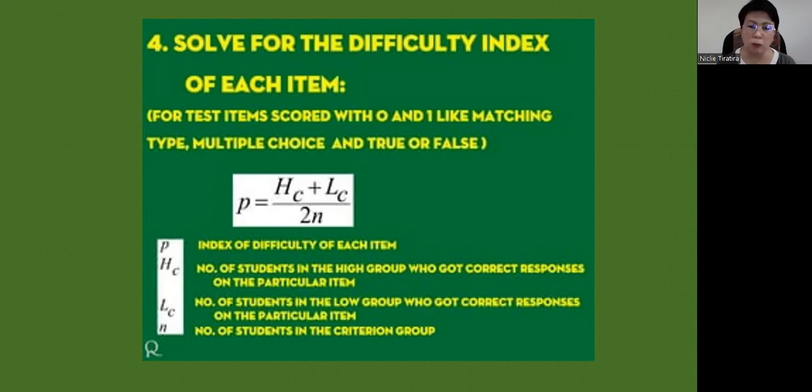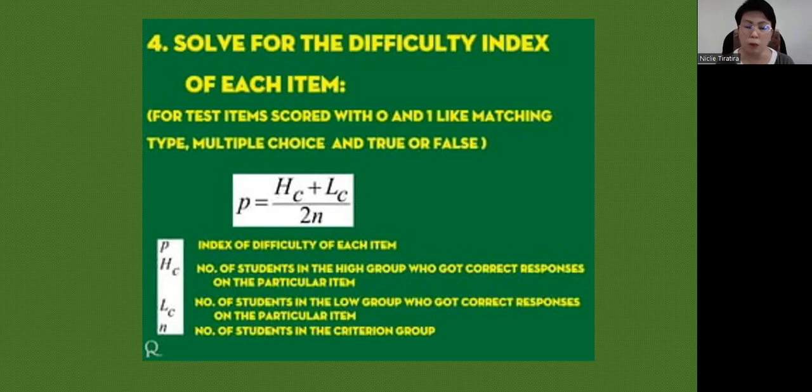And then to get the proportion, all you have to do is divide the number of correct responses for the upper group, let us say 15, by the total number of persons in the upper group, which is 18. Now, 15 over 18 will give you 0.83.